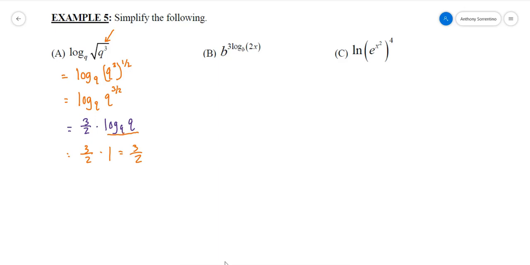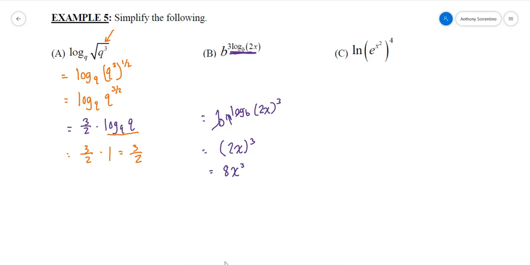So looking at this statement, having that 3 in front, I can rewrite that as b to the log base b of 2x to the third power. Now I have nothing between these two, and I would get my cancellation. So I had the quantity of 2x cubed. And if I'm going to simplify it, I really should cube both terms in there. So 2 cubed is 8. This ends up being 8x cubed.